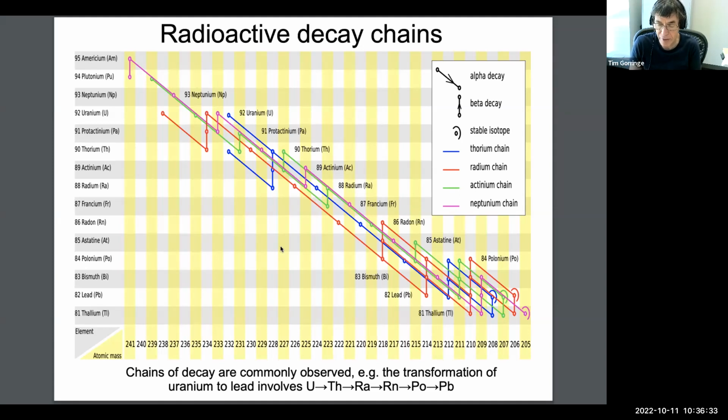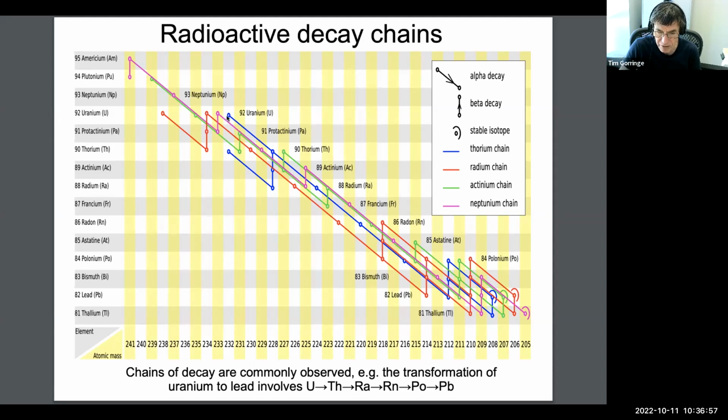That's called a radioactive decay chain. So the decay of uranium is a famous example of a radioactive decay chain. The decay of thorium is another famous example of a radioactive decay chain. And those decay chains and other decay chains are shown on this plot.